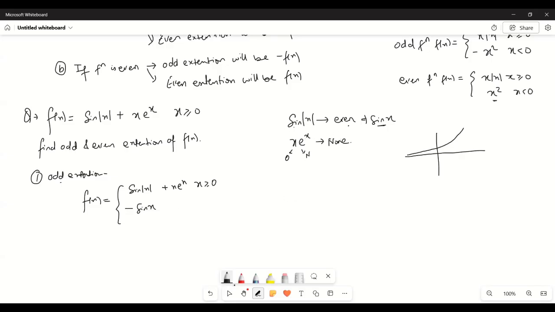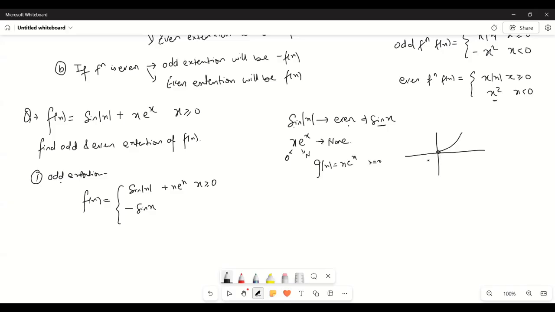In fact, if we consider x e power x as a whole, suppose we have a function g x is x e power x, then at x equal to 0 what will be its value? 0. And x e power x, since it's an exponential, its graph will also go something like this.